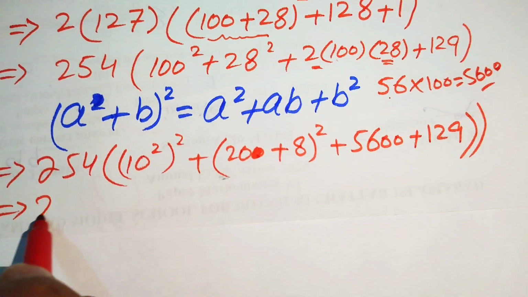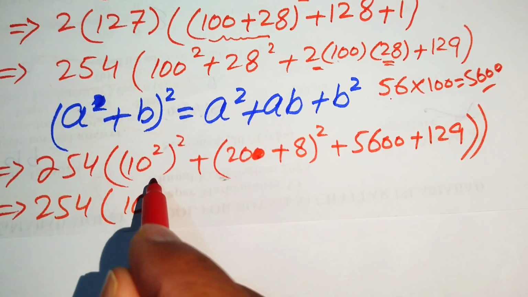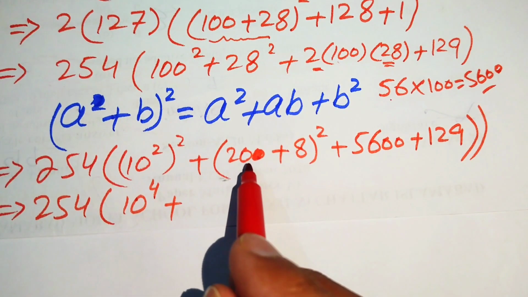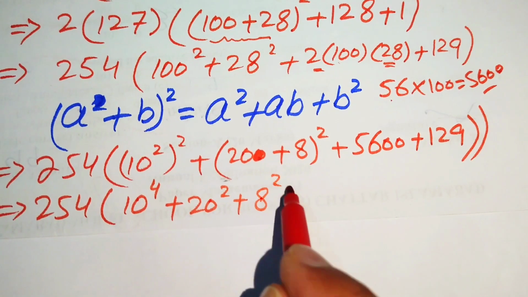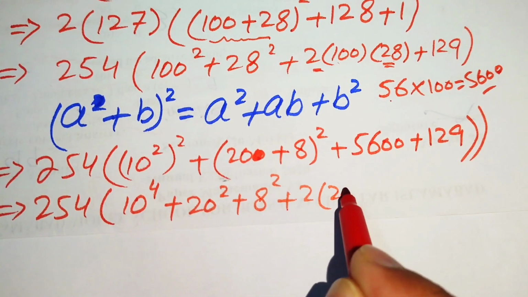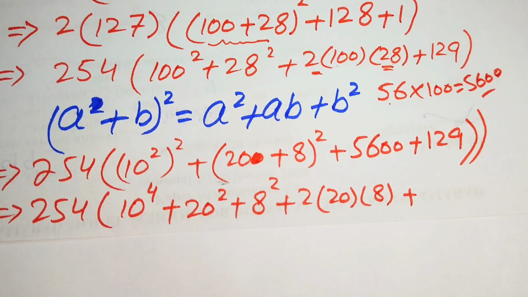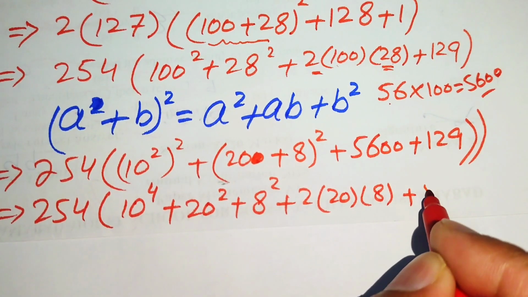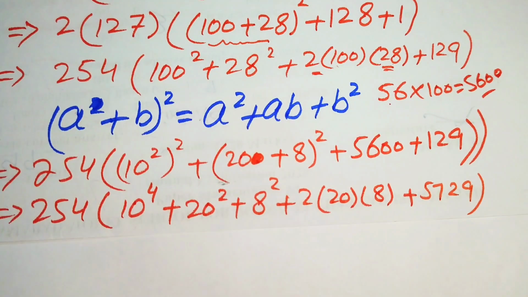So we write this expression as 254 into, here you get 10 to the power of 4, plus here we again use this formula and write it as 20 squared plus 8 squared plus 2 times 20 into 8, and we add these two terms and get 5729.